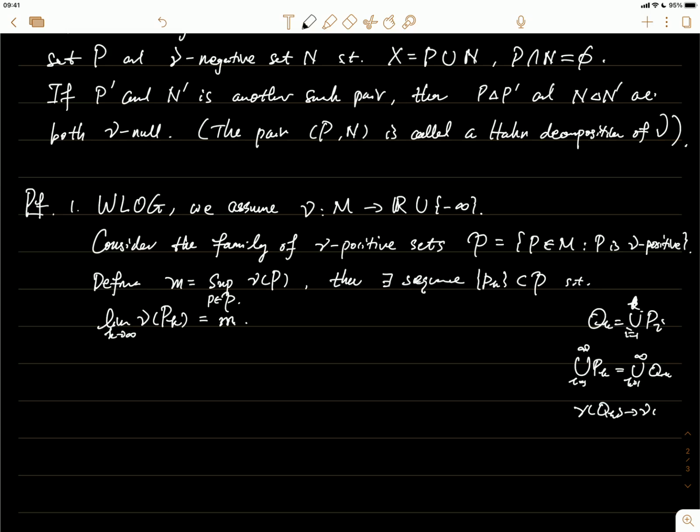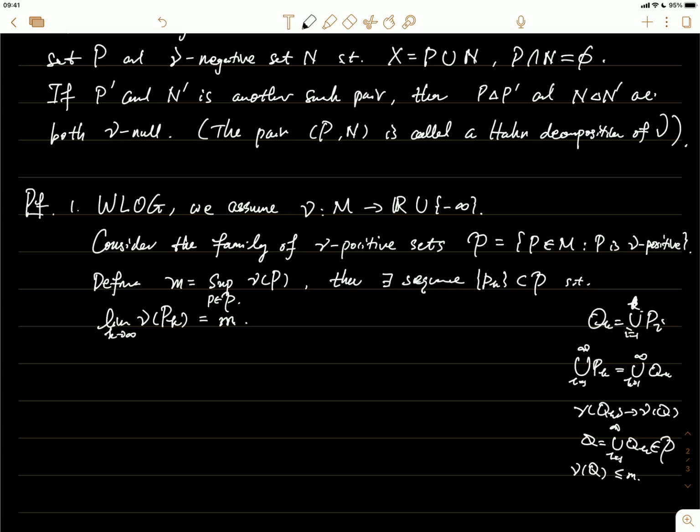In this case the measure will be non-decreasing, and it can go up as much as M. The reason is this. For example, Qk goes to Q, and Q is the union of these Qk's, and then we know that this Q is nu positive, so it belongs to the family, and the measure of Q must be less than or equal to M. The reason is M is a supremum value.